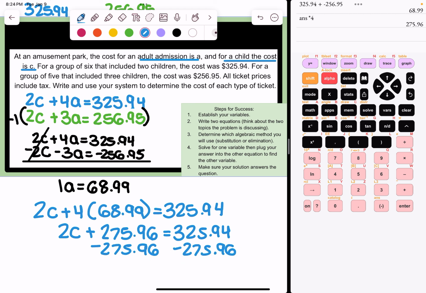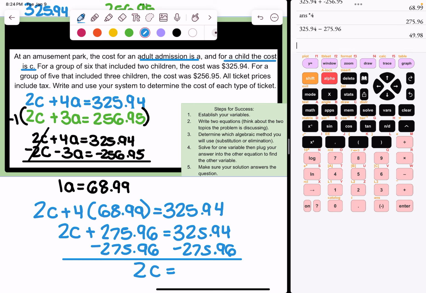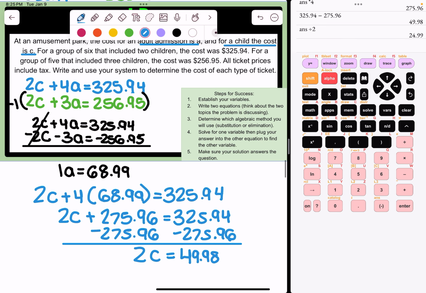And we get 2C equals $325.94 minus 275.96. We get $49.98. We're going to divide that by 2. And we get the children tickets cost $24.99. So adult tickets cost $68.99 and children tickets cost $24.99.